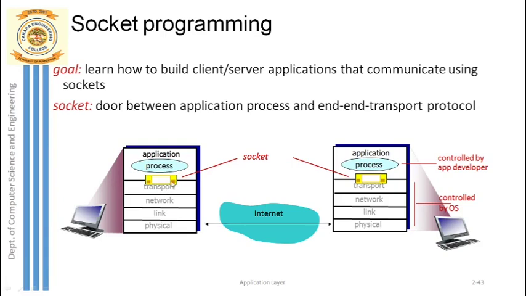Here only one socket is shown, but there can be multiple sockets between the application and transport layers, with different port numbers. Similarly, at the receiving end there can be multiple sockets with multiple port addresses, but all port addresses are unique. So this is how the socket actually works.